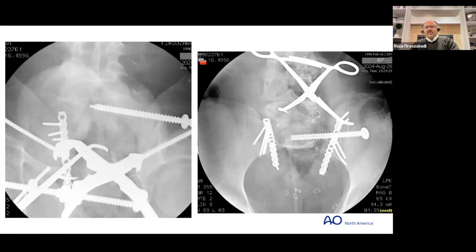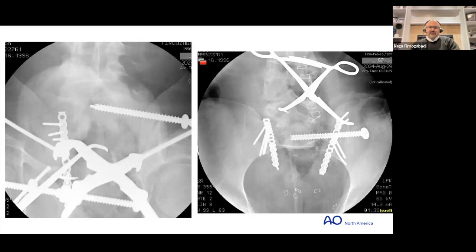The nerves are probably already partially injured, if not completely injured during the initial injury, and we go in there and we manipulate things and they could be further injured. So, I don't know about you guys, but try to talk to the patients, a lot of times it's the patient's families because they're intubated, about potential worsening of neurologic injury with just the manipulation and the surgery.